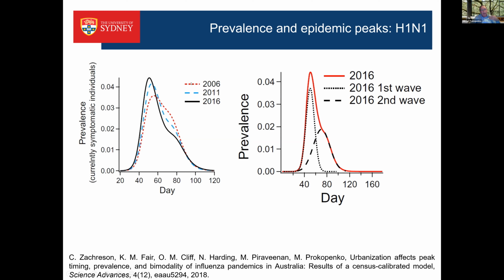So with more urbanization, the peak happens earlier and higher. Same disease, just different urbanization, different densities.